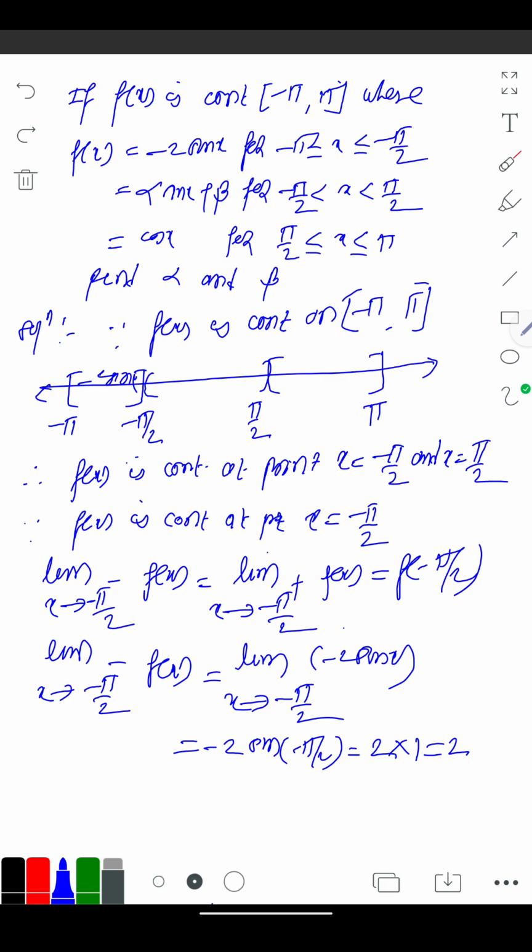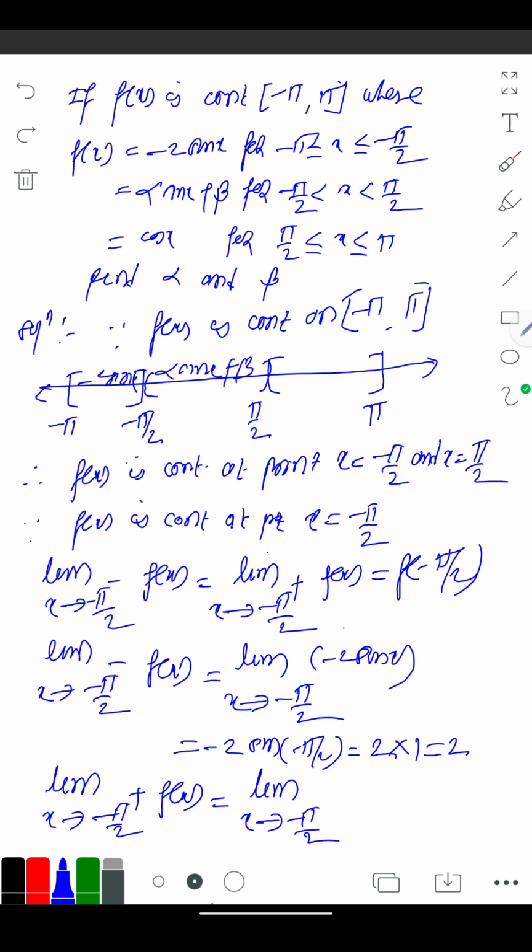Similarly, next we evaluate the right hand limit. So the limit as x tends to -π/2 from the right of f(x) equals the limit as x tends to -π/2 of f(x), and here from -π/2 to π/2 the function is given, that is α sin x + β.